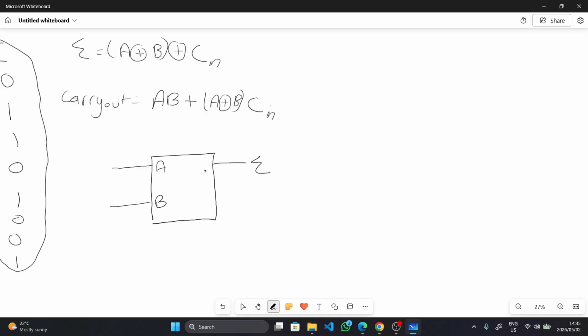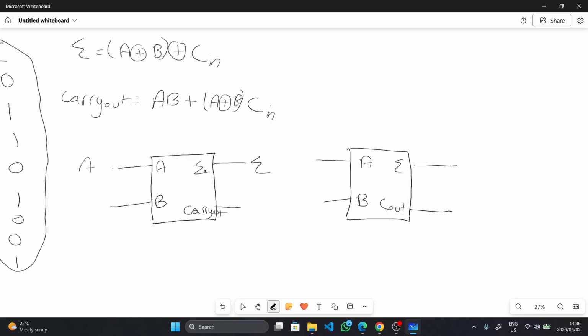Then we have our sum and our carry out, right? Then we have our second half adder, where we have A, B, then our sum, and again our carry out. So our input A goes there and B goes there, right?